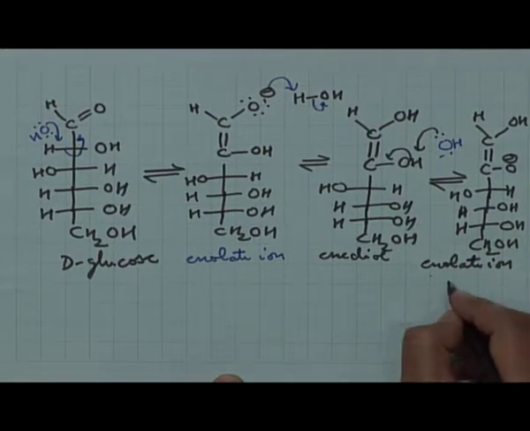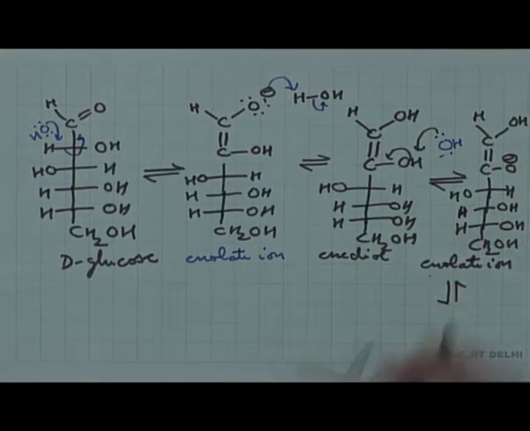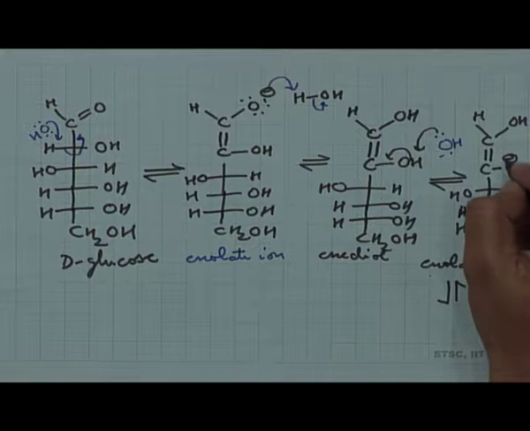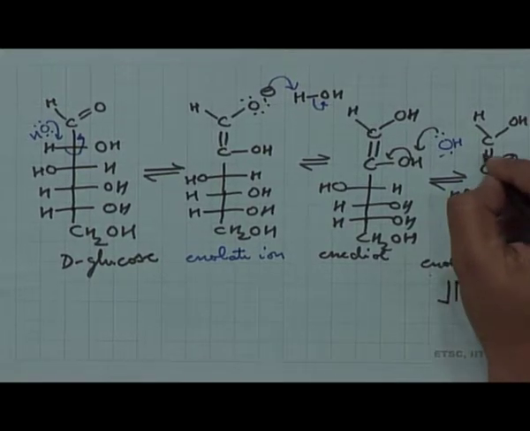Now, this enolate ion can go for the protonation. Again, this negative charge will push and it will go for the protonation.